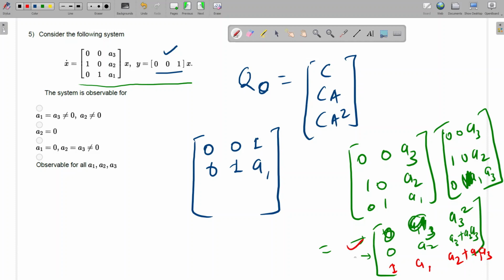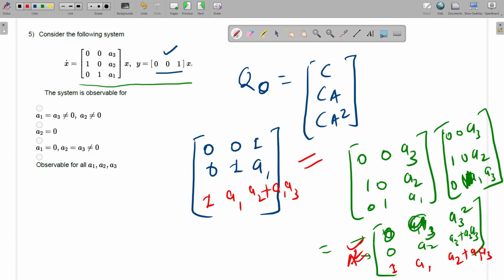So this is our A square matrix. If we do CA square, the first element will be 1, the second element will be A1, and the third element will be A2 plus A1 A3.